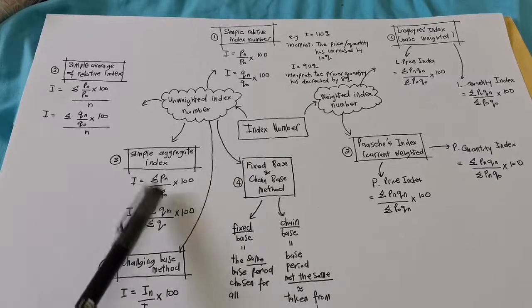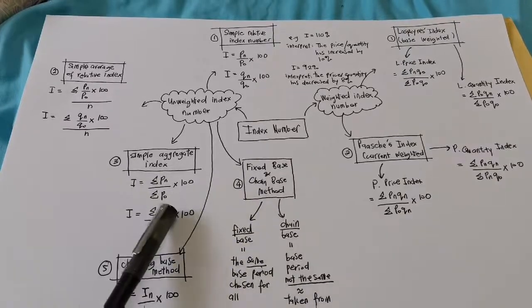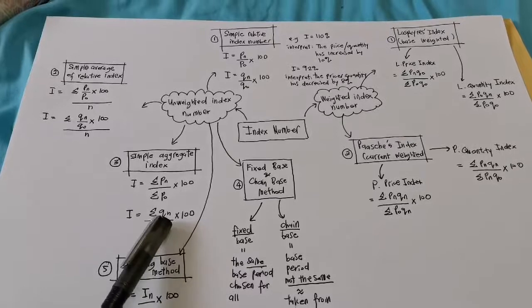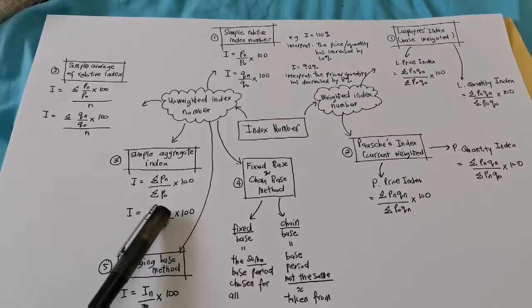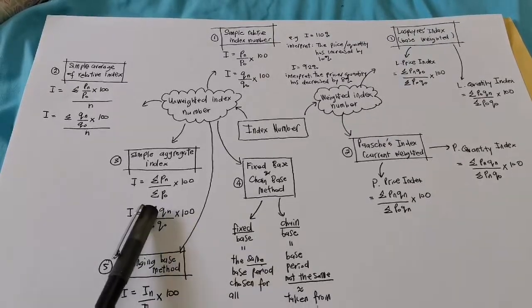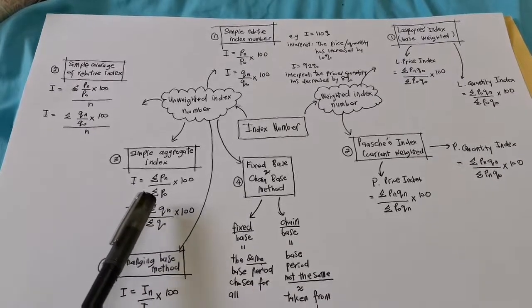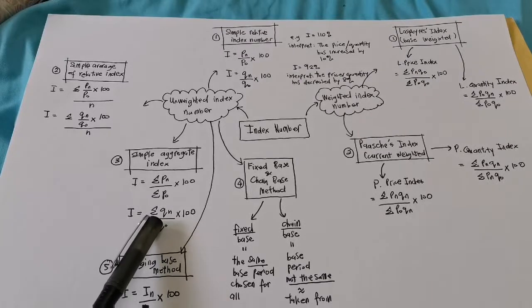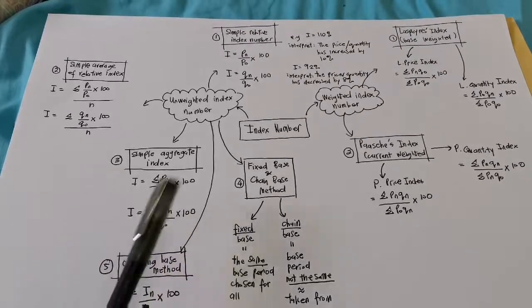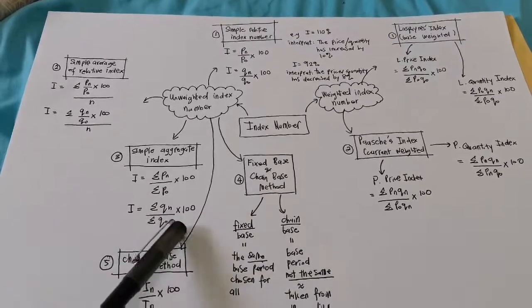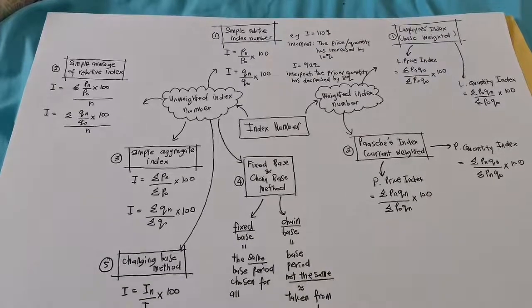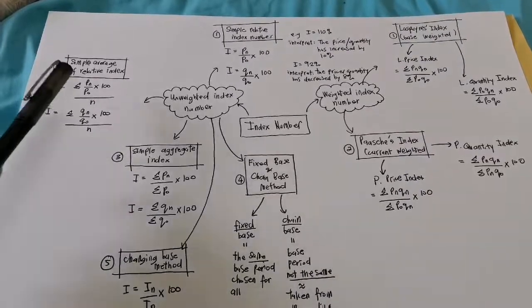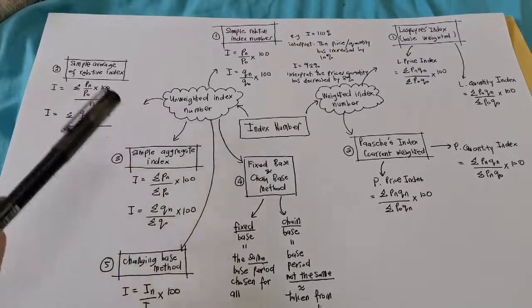This is not on average, this is on the whole. So we cannot see individual nasi lemak or an individual type of nasi anymore. We are mentioning on the whole that the price of all the nasi has increased or decreased by what percent. That is the difference between average and aggregate.